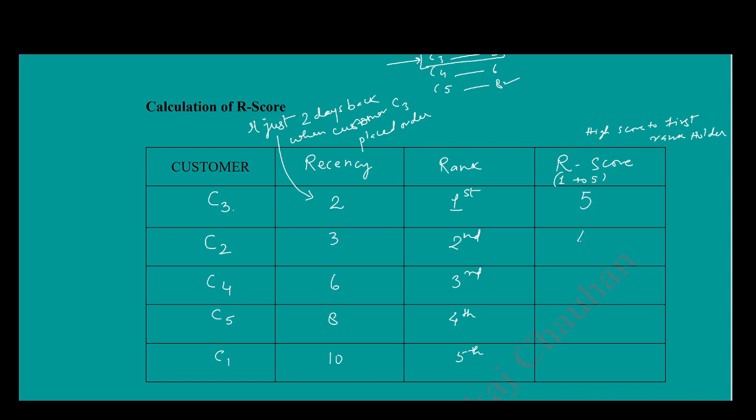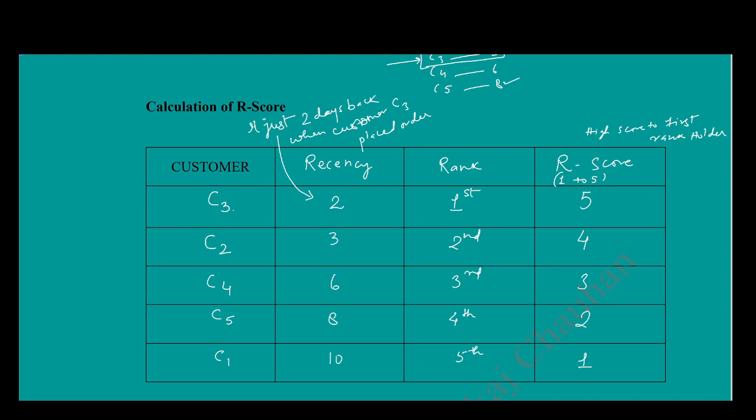Score of 5, 4, 3, 2, and 1. Right. So rank 1 to the most recent customer, and because he is the most recent and holding rank 1, I have given an R score of 5 to this customer.